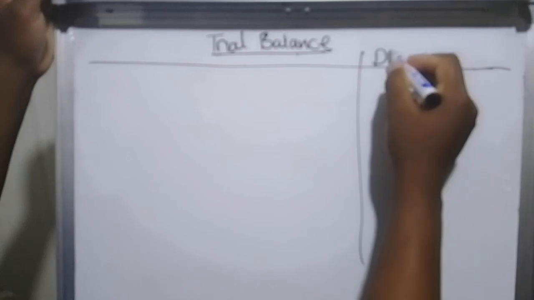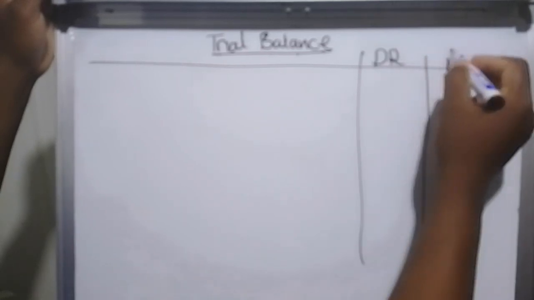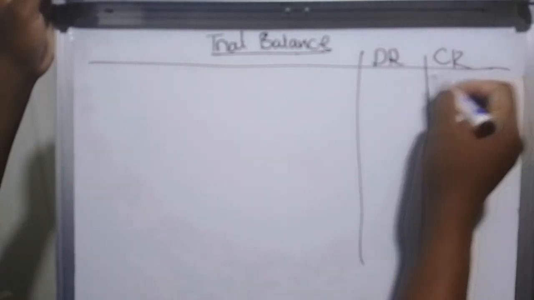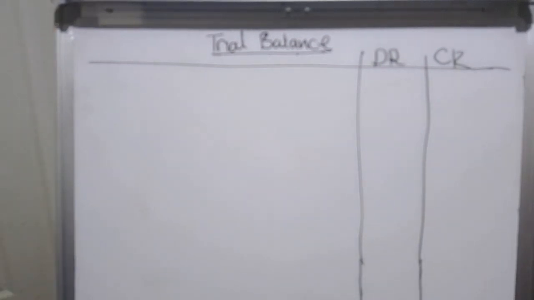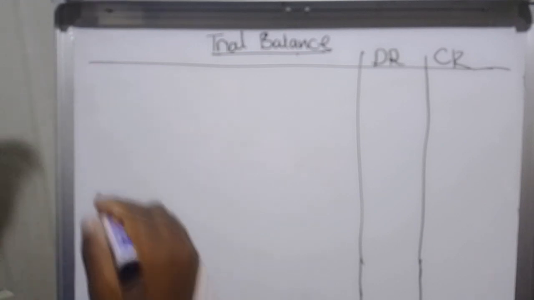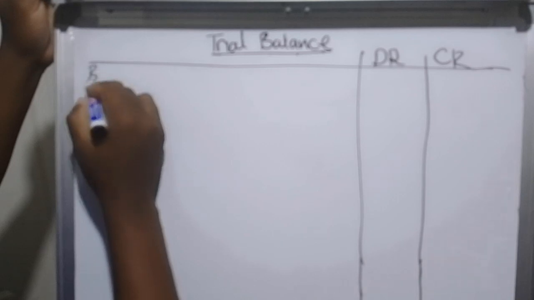Okay, so for the trial balance, let's put it this way. I'll put this side as the debit side and this side is the credit side. The first entry that we have into the trial balance, let's put the bank.